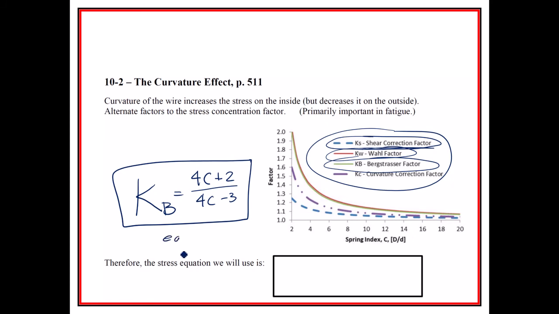So this ends up being equation 10.5. And we apply that into our go-to equation for stress, which is KB, and then we have our 8F big D over pi little d cubed. And this is equation 10.7.